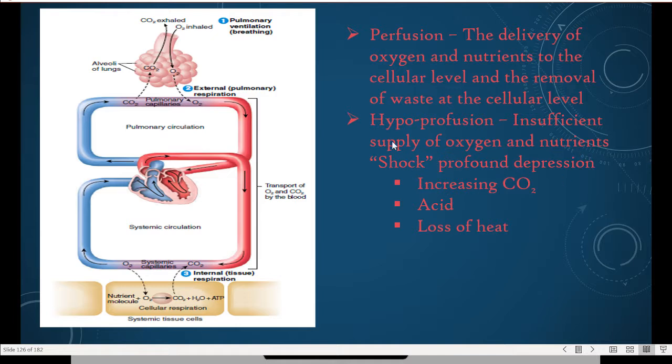Just a couple of terms. I don't know if I mentioned it in class, but you probably need to start learning these. Perfusion. It's the delivery of oxygen and nutrients to the cells and the removal of the waste products. Hypo, meaning low perfusion. Low perfusion in this case, if we're talking about delivering oxygen and nutrients, is insufficient.